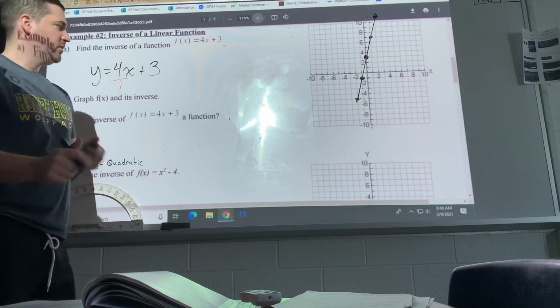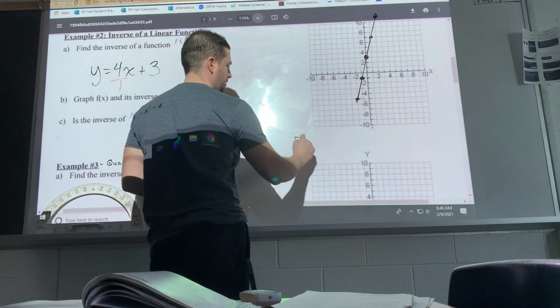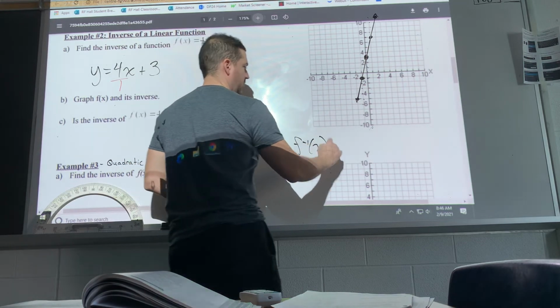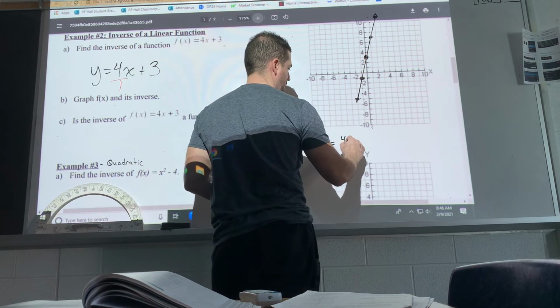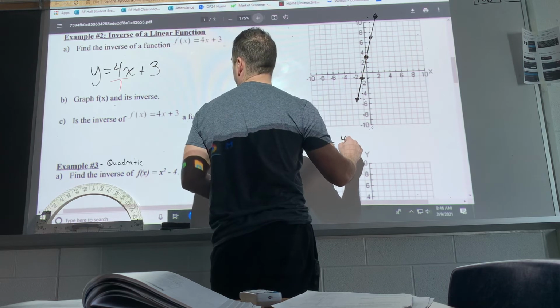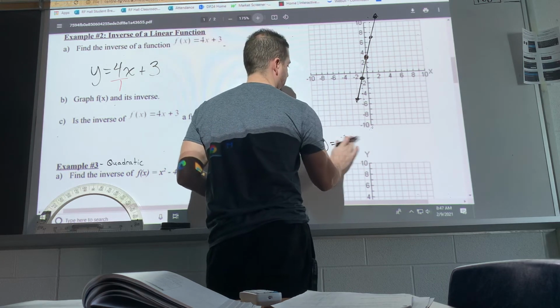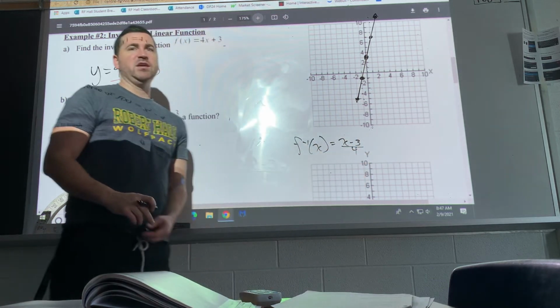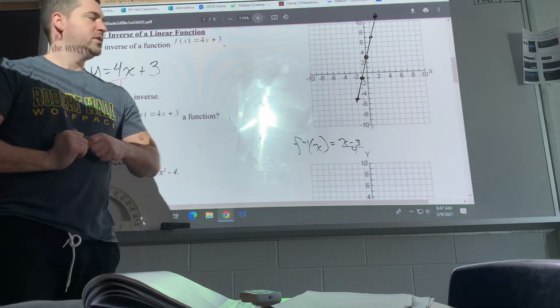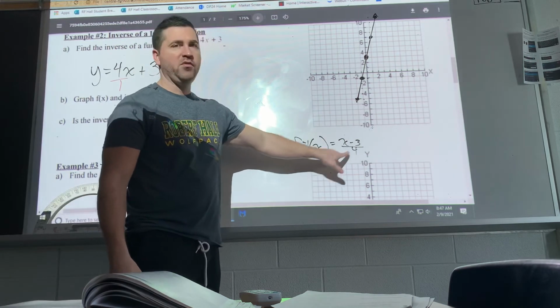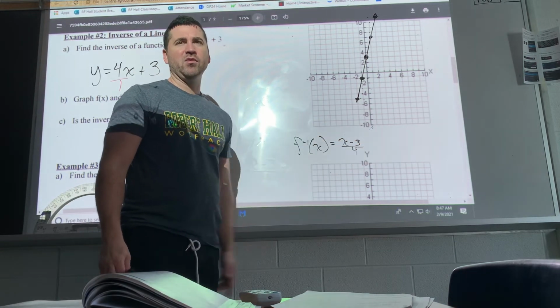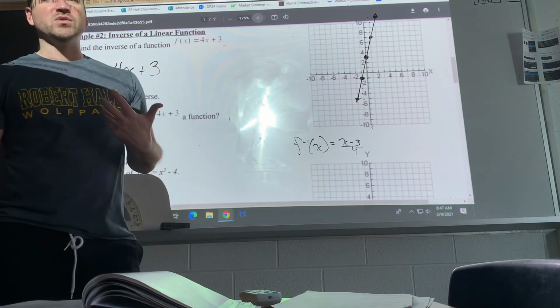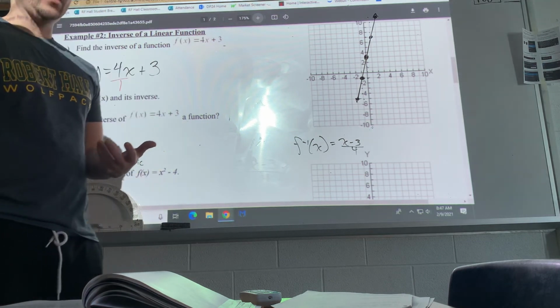Okay, so now our inverse was x minus 3 over 4. Okay, so this might be a little bit difficult to graph. So it'd be x over 4 and then a negative 3 over 4. And it's with fractions, so it becomes much more difficult to graph.